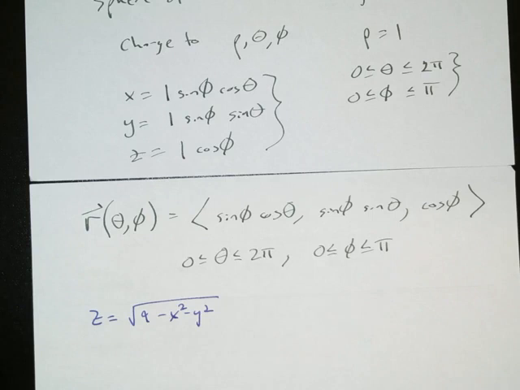Except it's only the top half of that sphere, right? Because it's the positive square root. I don't want the bottom, I just want the top. That is already a function of two variables, isn't it?